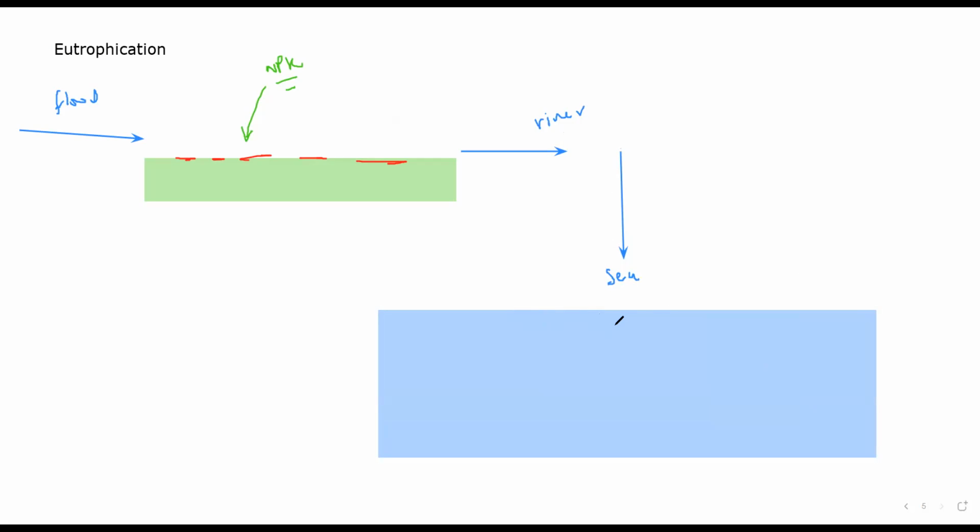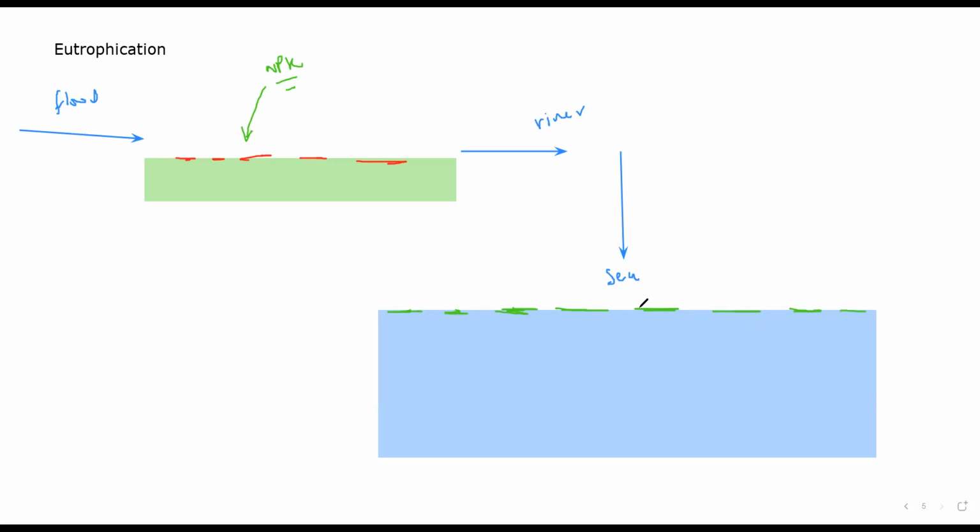This is better for the growth of the plants, so the green plants will start to grow at a higher rate on the surface of the sea.